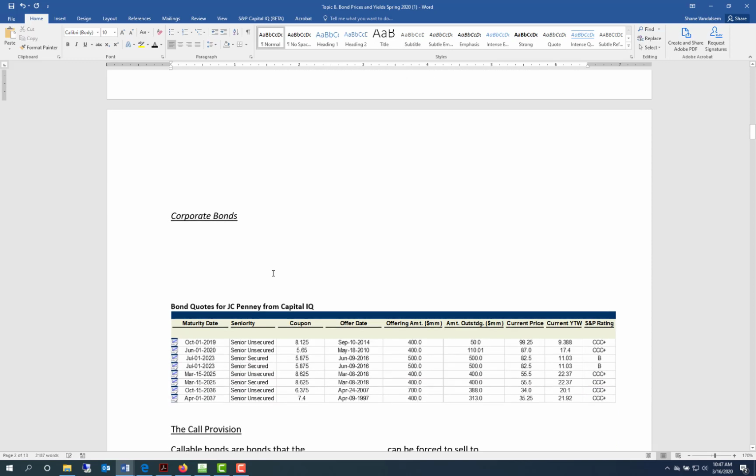So the next topic is corporate bonds, and corporate bonds are bonds issued by corporations. They typically have up to a 30-year maturity originally.